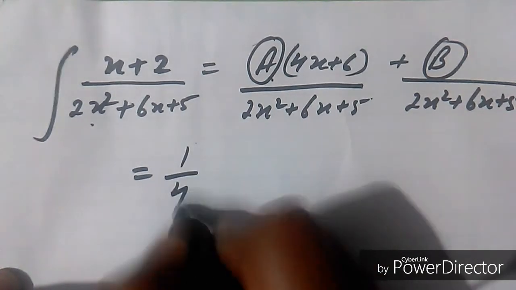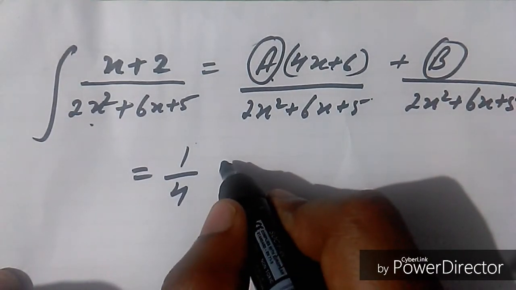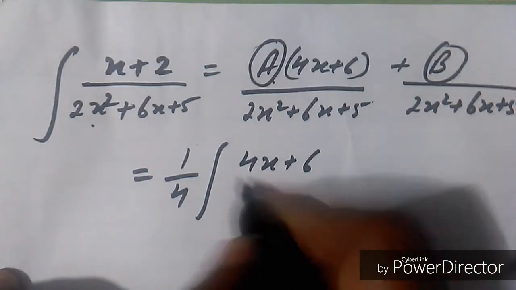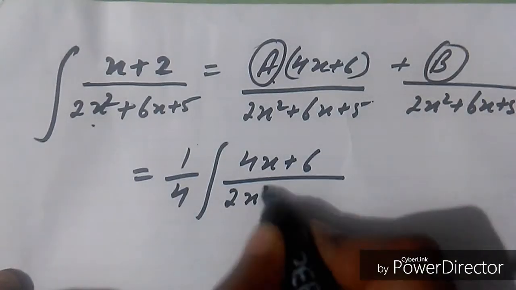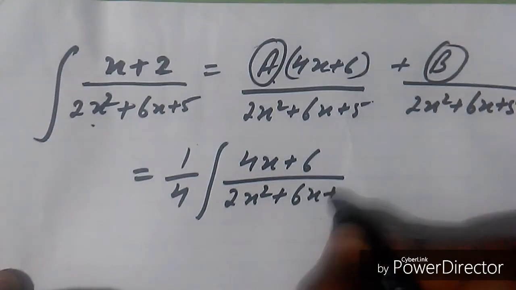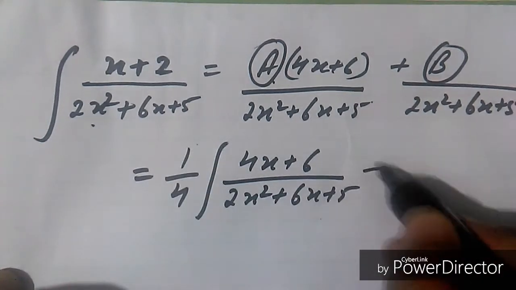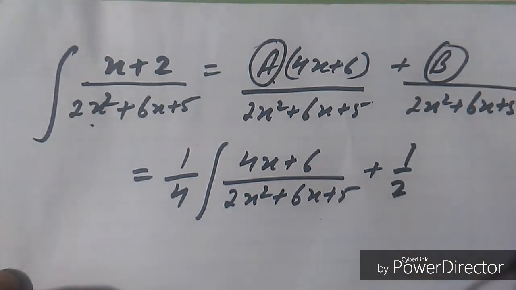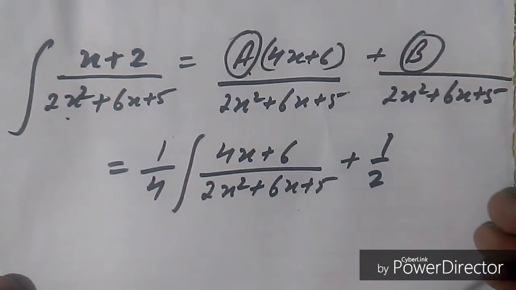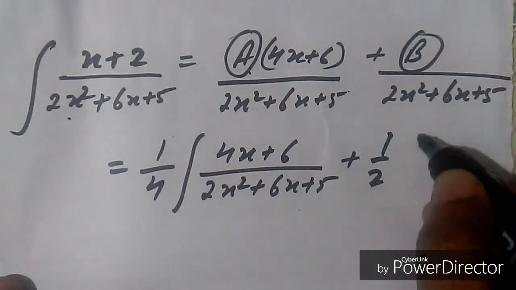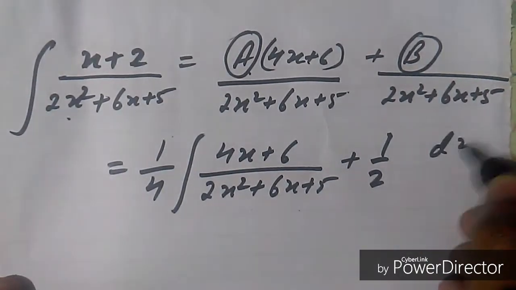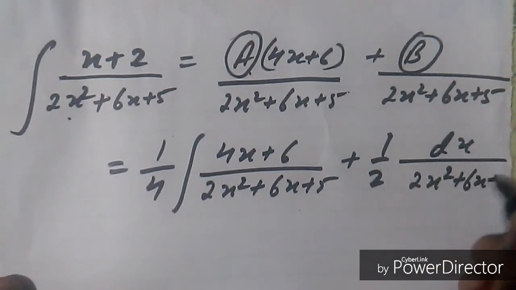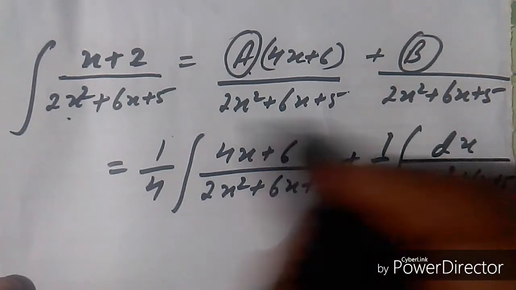A is 1 by 4 integration of (4x plus 6) by (2x square plus 6x plus 5), plus the value of b is 1 by 2, integration of dx by (2x square plus 6x plus 5).